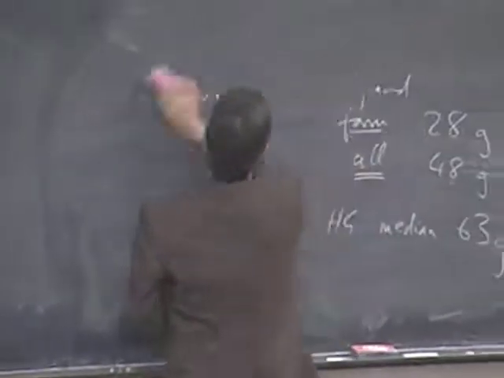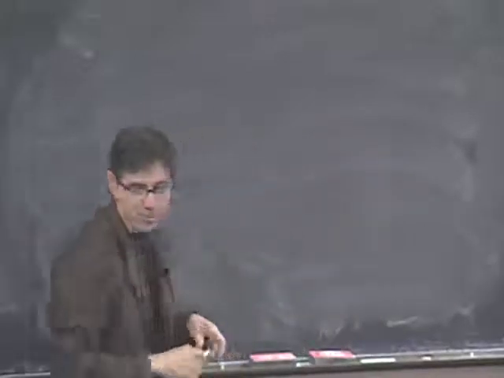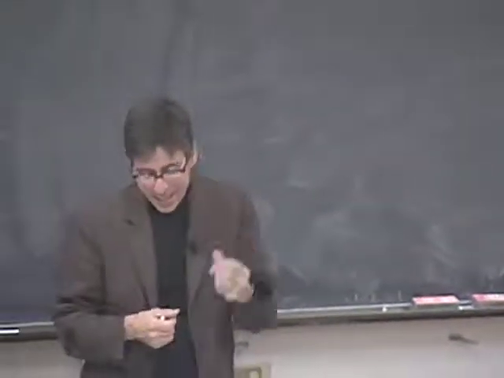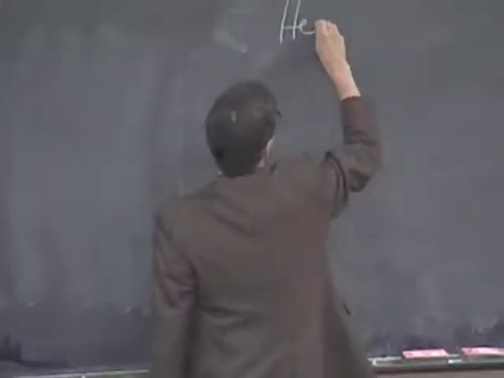Now, how else can we compare living standards if we want to go to the distant past? And here, the next thing that we can actually look at is human heights.